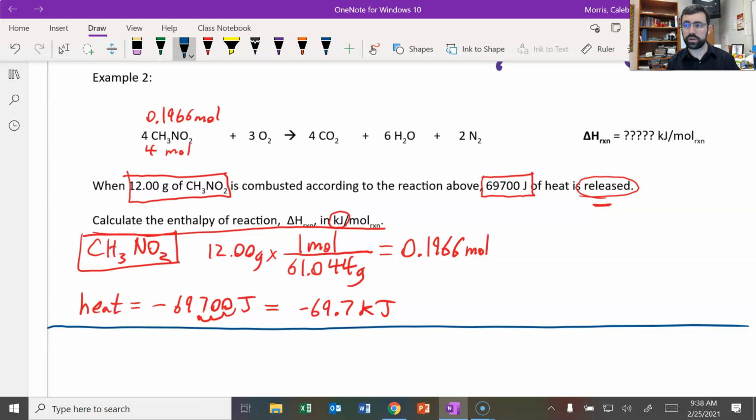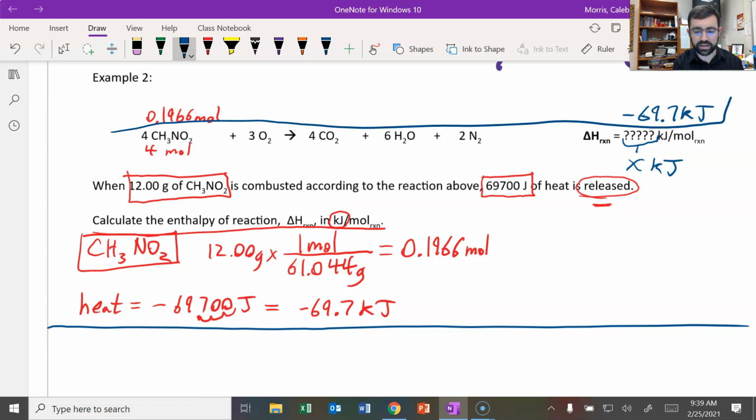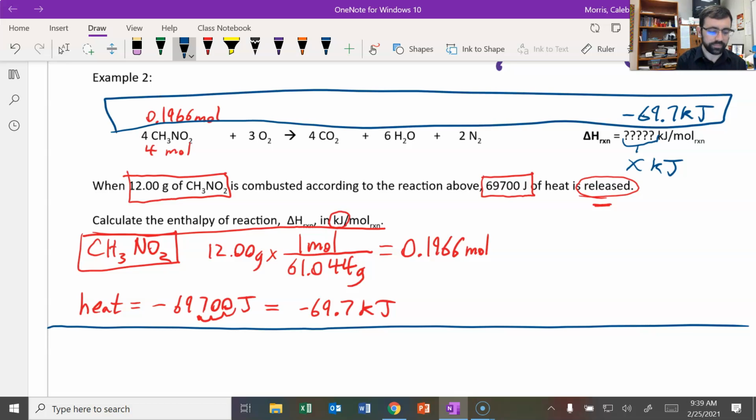Now we can go ahead and solve for what we're looking for. My unknown is actually the heat of the reaction. This is kind of weird. The unknown is on the bottom. X kilojoules. Because I've got negative 69.7 kilojoules. That's what's produced when I combust 0.1966 moles of CH3NO2.